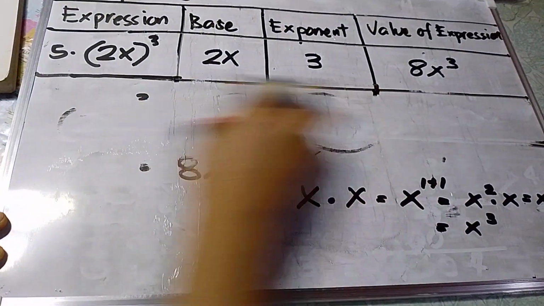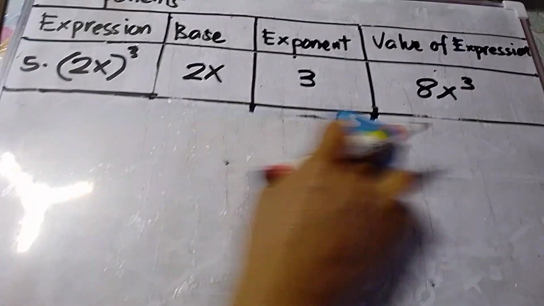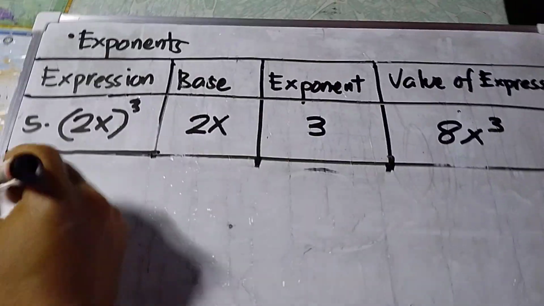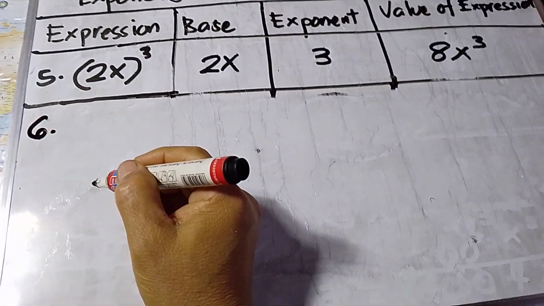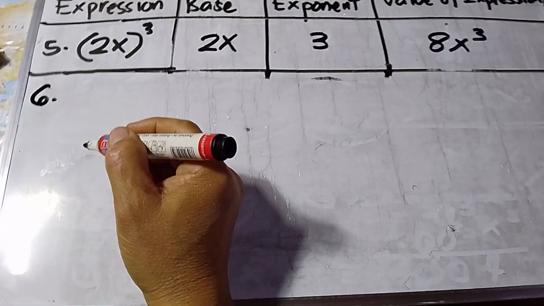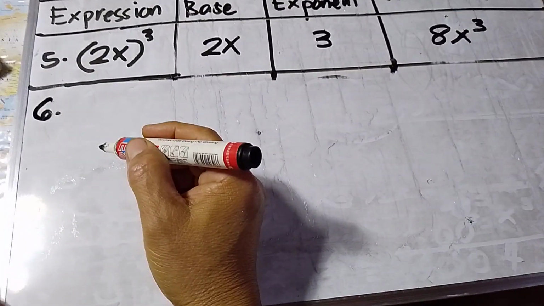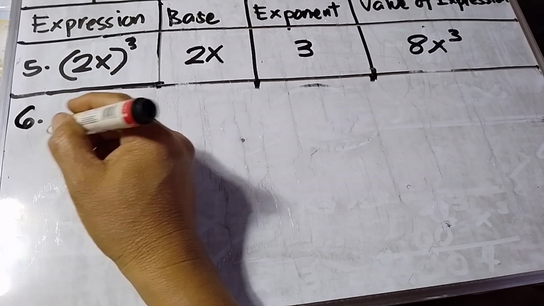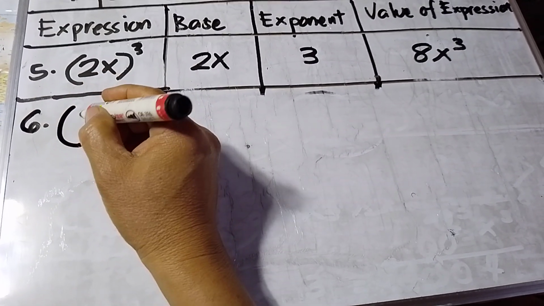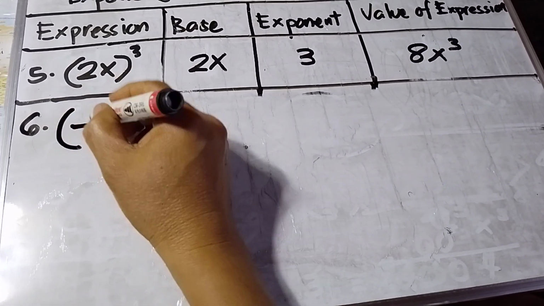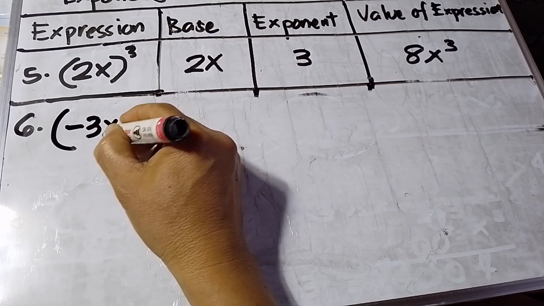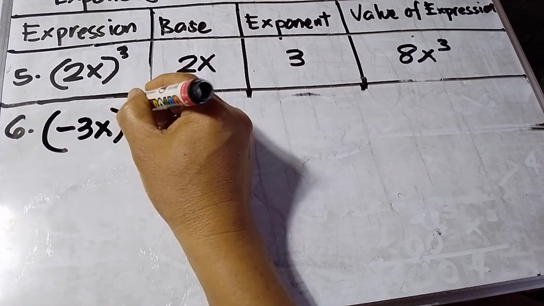Okay, last, this will be number 6. Number 6, which will be a negative 3x to the fourth.